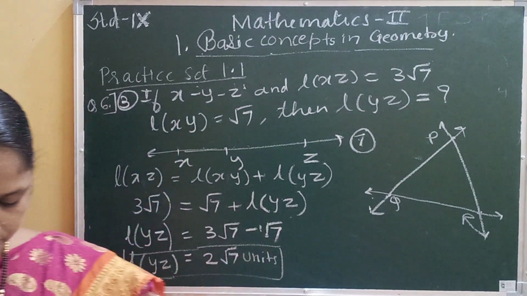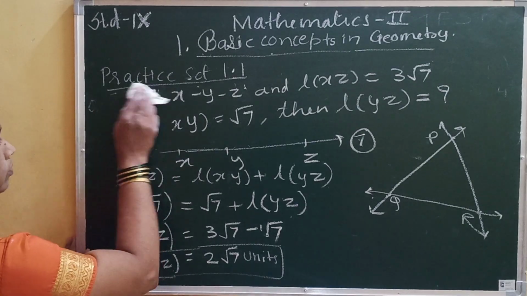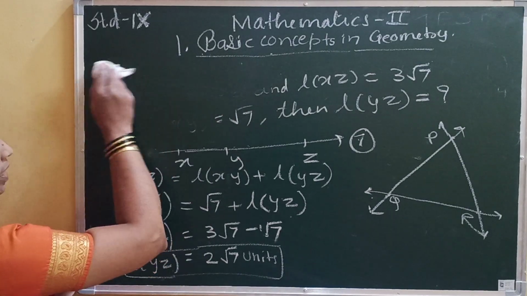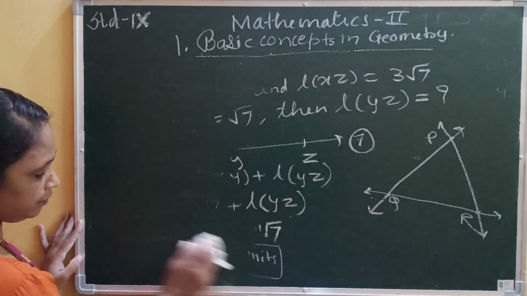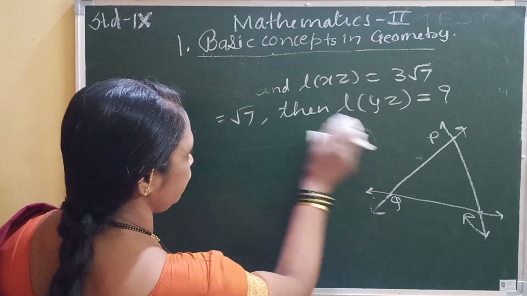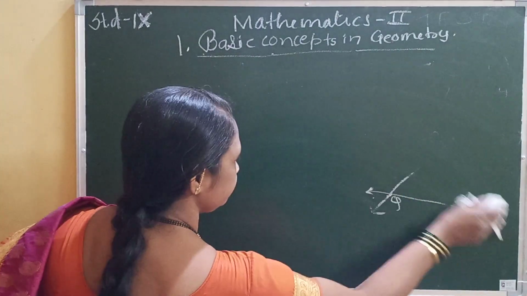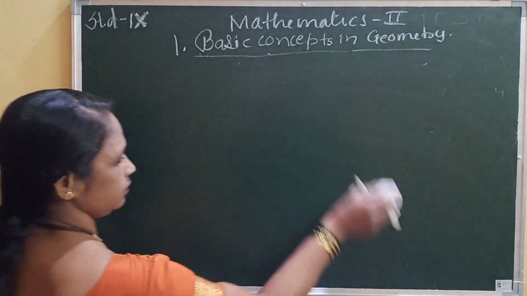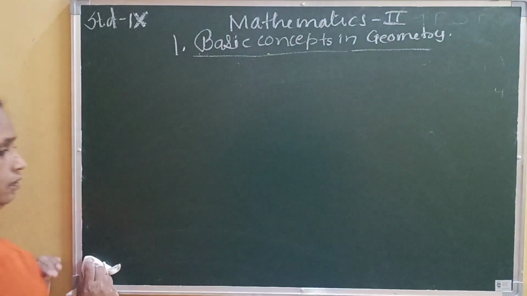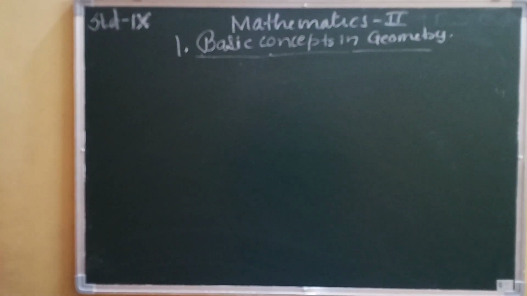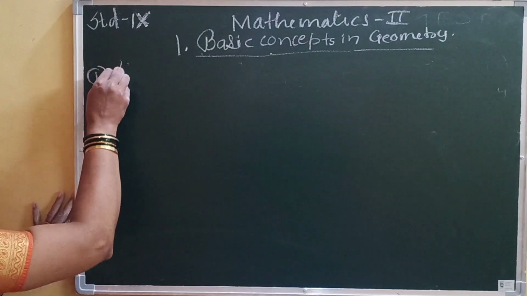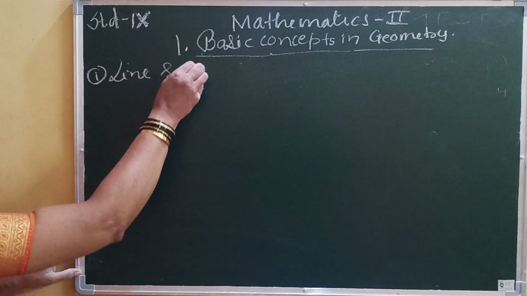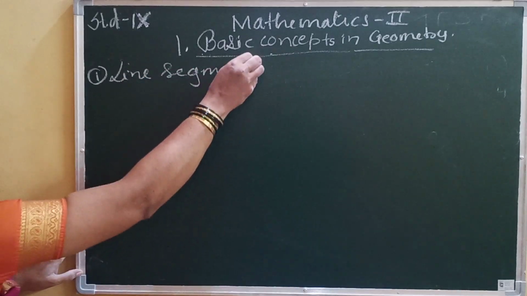That is, line segment. In the earlier class you have studied about all these points. Again we are going to do the revision of it. So first is the line segment.